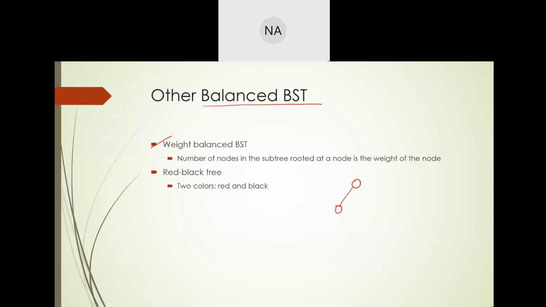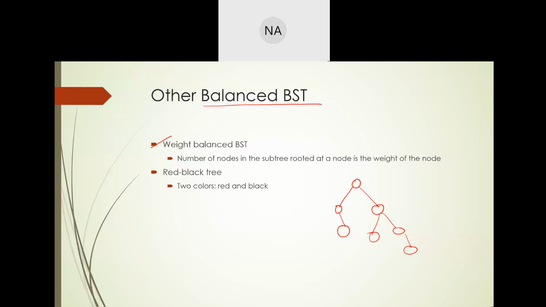First I draw a tree, right? For example, this is your tree. This will be a weight balanced binary search tree if the weight balance of each node of this tree is 1, 0, minus 1, not more than 1, right?